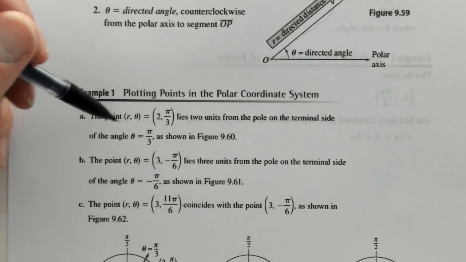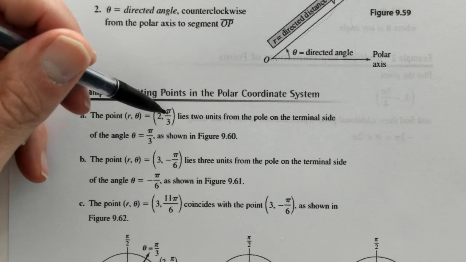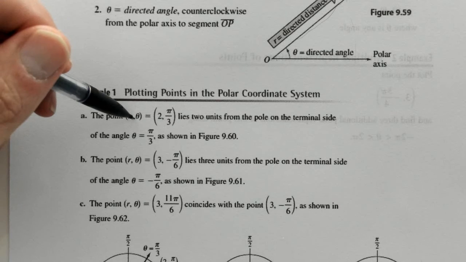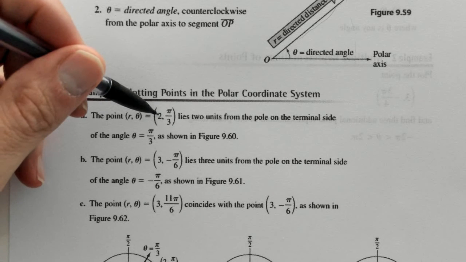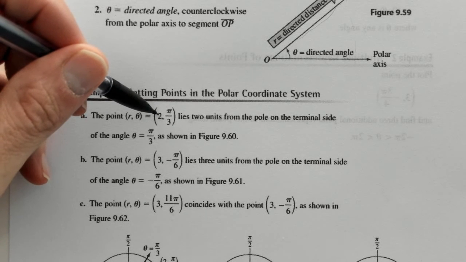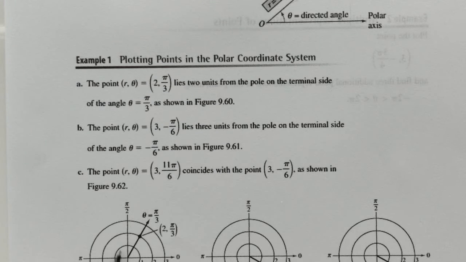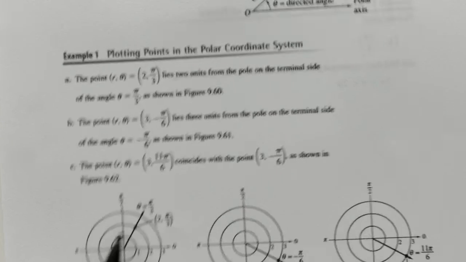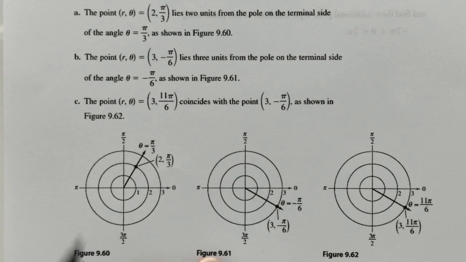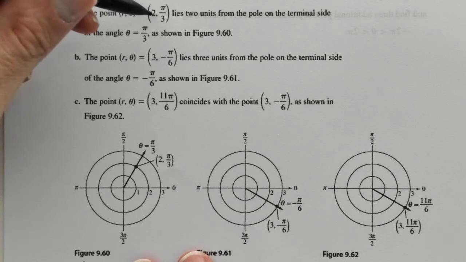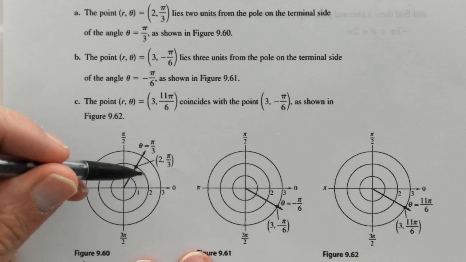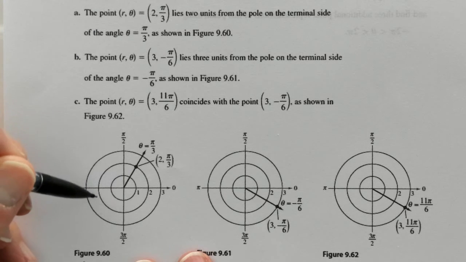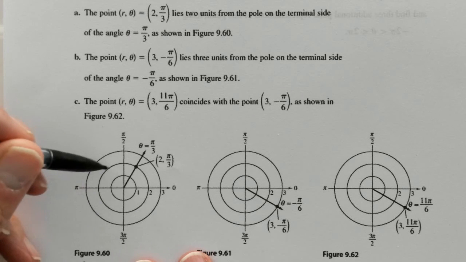Let's say that this point 2, pi over 3 is in polar coordinates. Remember, the first number is the radius. On the polar coordinate system, you've got different circles representing different radii. So if my radius is 2, then I know my point is on the circle that has a radius of 2 from the pole somewhere.